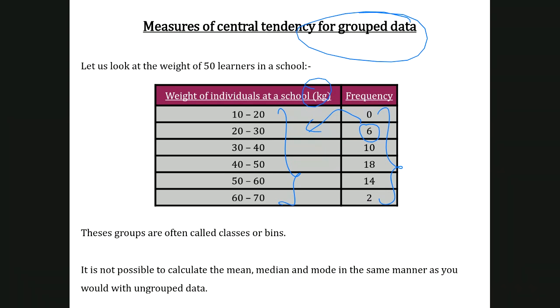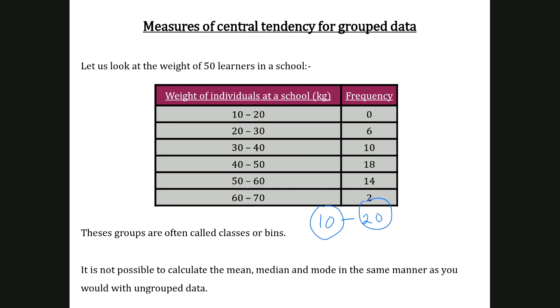Now, rightfully, these intervals should not be listed the way they are. This says 10 to 20. What this means is it's inclusive of the number 10 and inclusive of the number 20. So technically, if this is including 20, the next interval can't start off with 20, because then you've included 20 here and here.